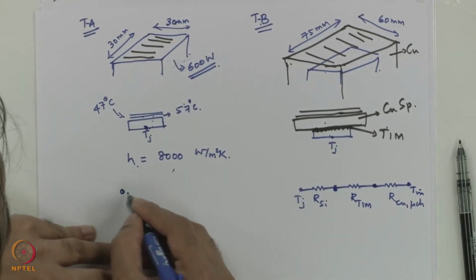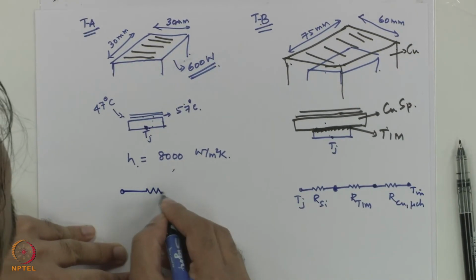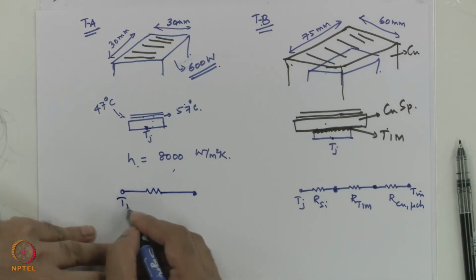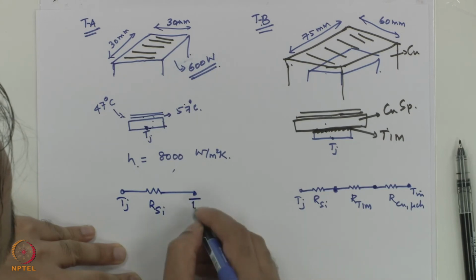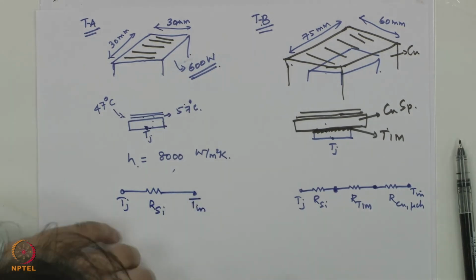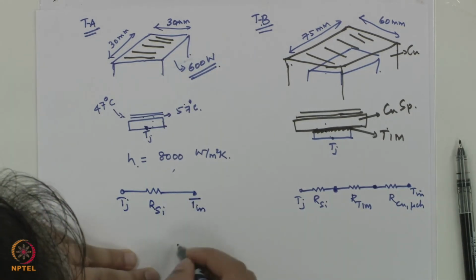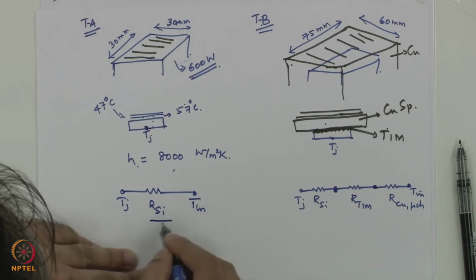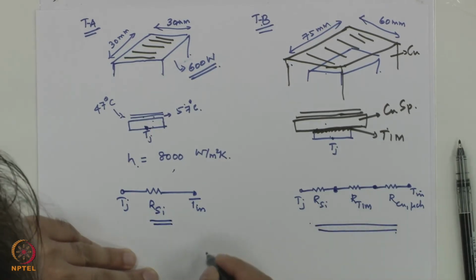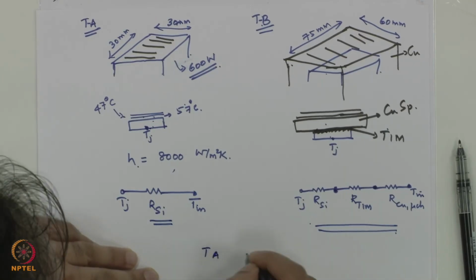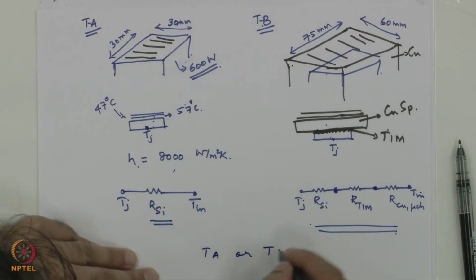Here the resistance network is very simple: T junction, R silicon, and T in. The question is, is this sufficient, or is this sufficient? Will team A win or team B win?